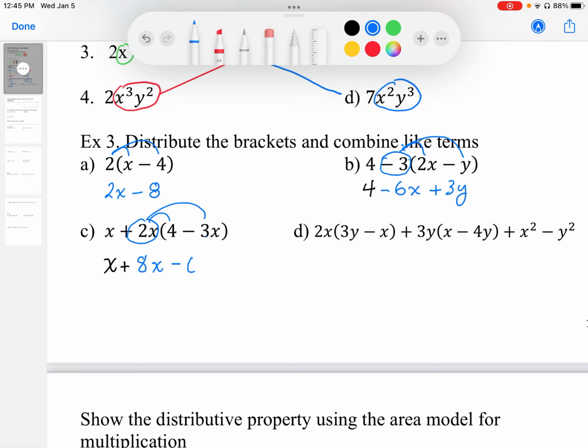Numbers times numbers gives me 6, and x times x gives me x squared. Here I do have like terms, so I can combine them. I'm counting an x and 8 x's, so I have a total of 9 x's. The squareds get counted separately, so minus 6 x squareds.